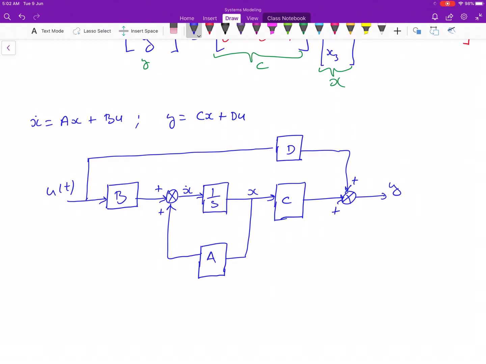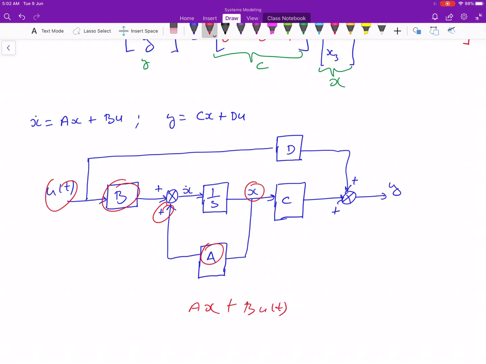As you can see, if you start, for example, with x here times A, that will give you ax, plus you have B times u, which is bu of t.